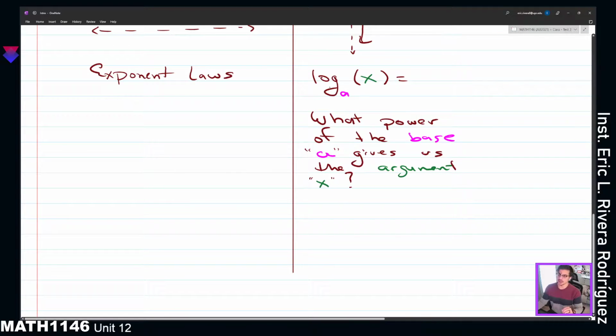So here log base a of x is asking what power of a gives us the argument x.